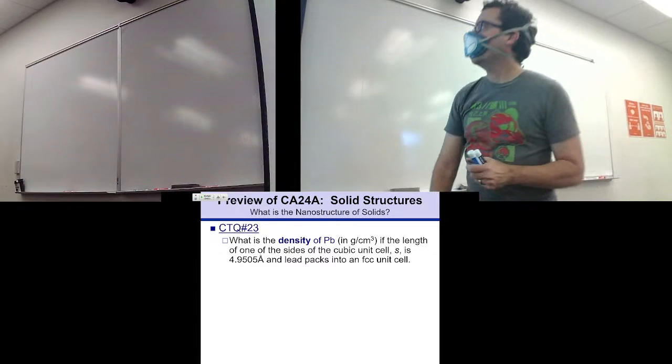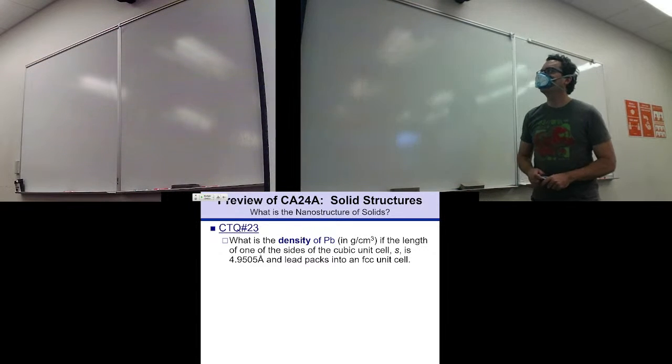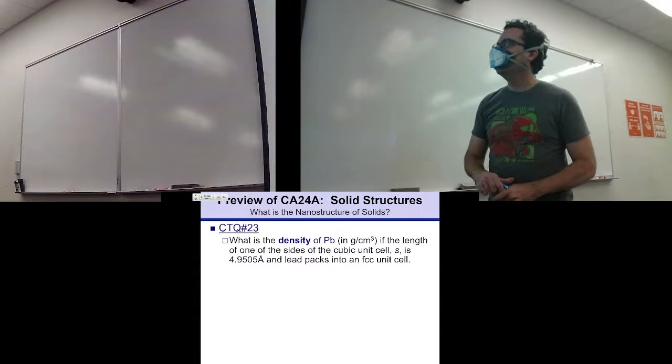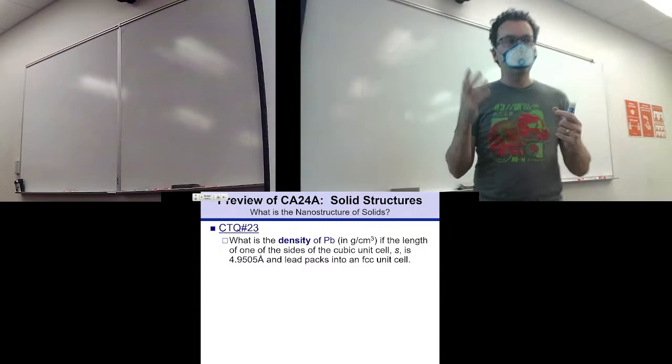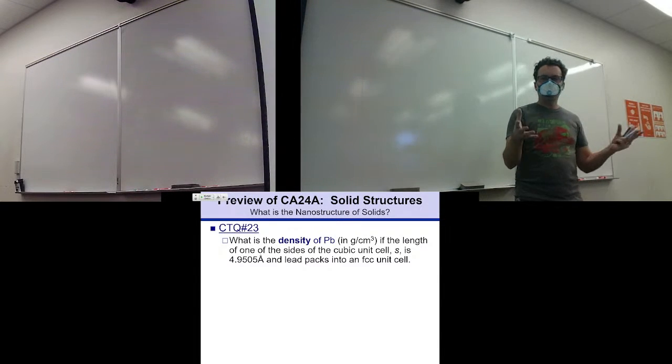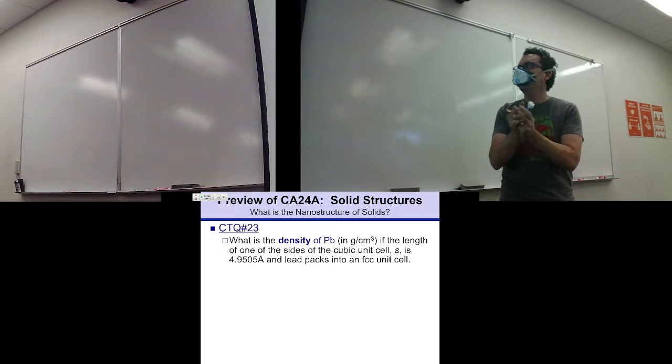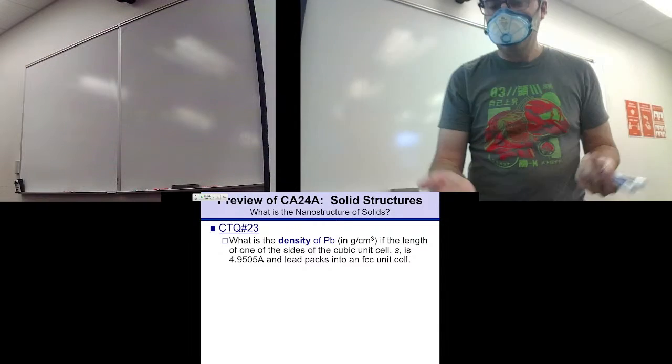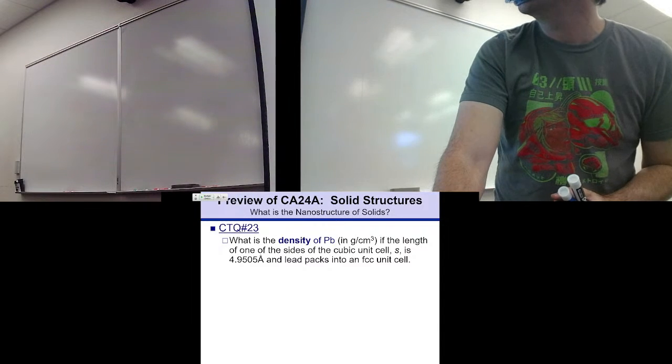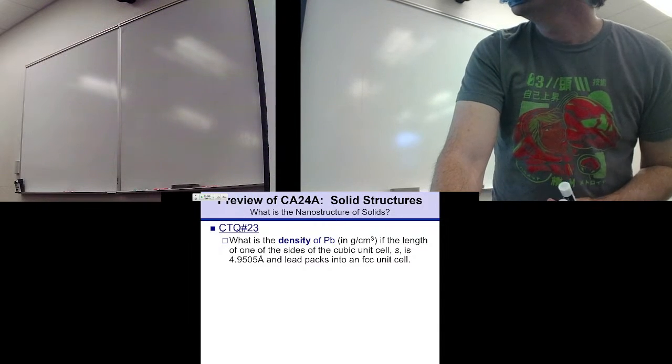Here's the question where we calculated the density of lead. We did this already, so I'm not going to do it again. But the idea is instead of doing a mass and a volume on a large scale, we're doing the mass and the volume of a unit cell. It's a really tiny scale. And it works out, you get the same density as long as you have the right numbers.